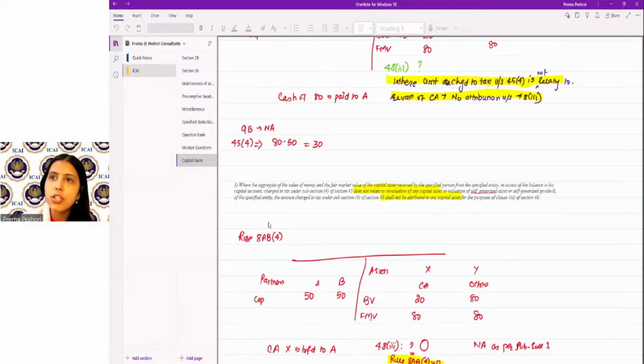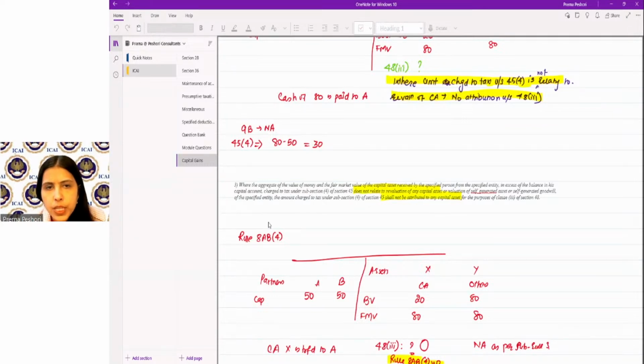We have section 45(4) and we have section 9B. Under 9B, we had dissolution or reconstitution, and separately the capital asset plus stock in trade. Clear? Under 45(4), we have the money or capital asset and only reconstitution.